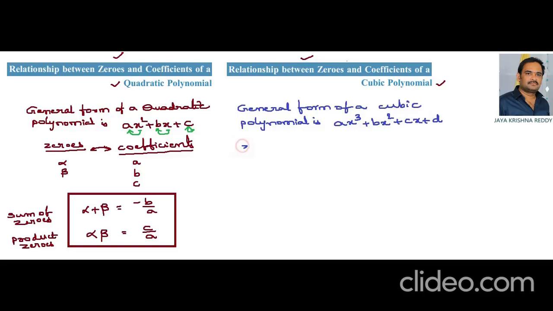It is a cubic polynomial with degree 3, so it can have at most 3 zeros. Let us consider the zeros as alpha, beta and gamma.